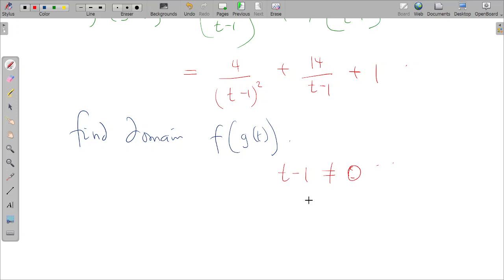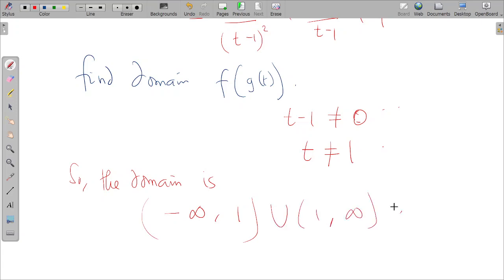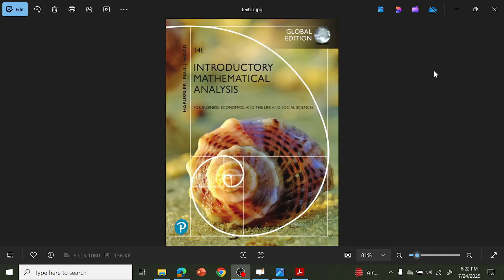If I solve this, that means t must not be equal to 1. So the domain of this composite function is negative infinity to 1 union 1 to infinity. All right, that is the domain of that function.